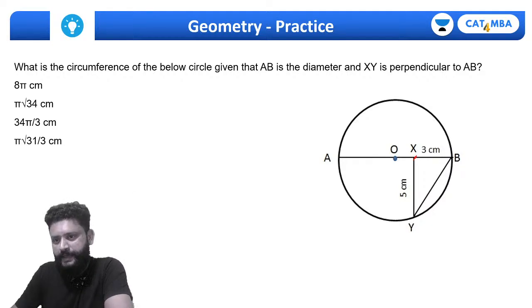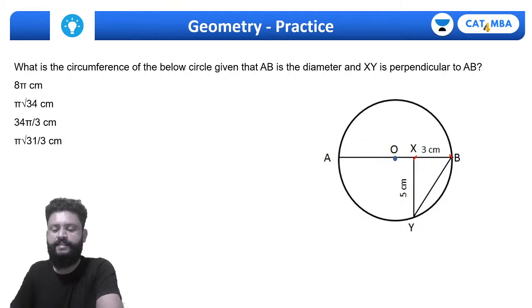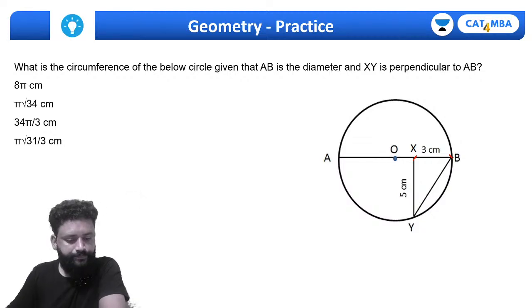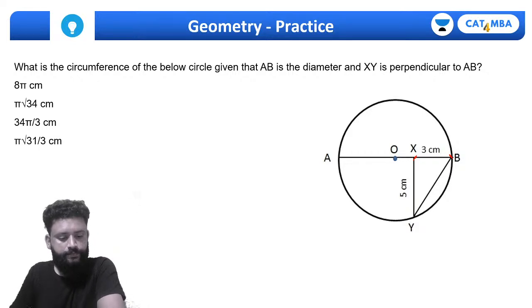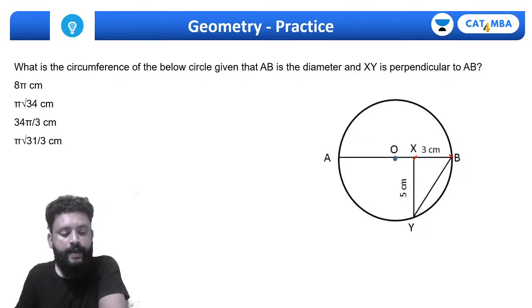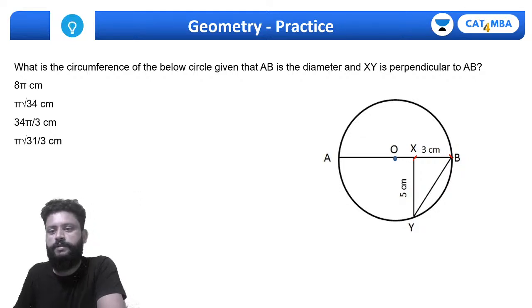We have XB as 3. I'll give some time to think so that you understand the question and the level of difficulty. Give it a try and let me know if you have any. Yes, the incenter is the intersection of angle bisectors, the point of intersection of all three angle bisectors of a triangle.